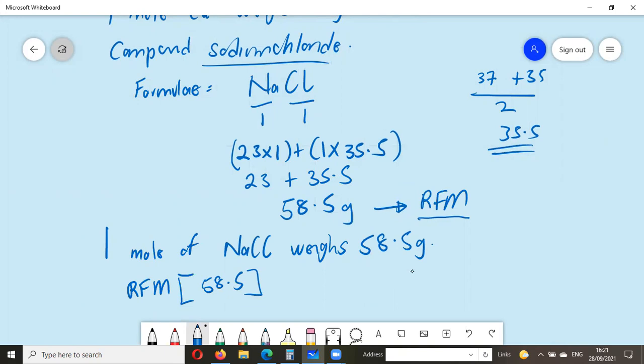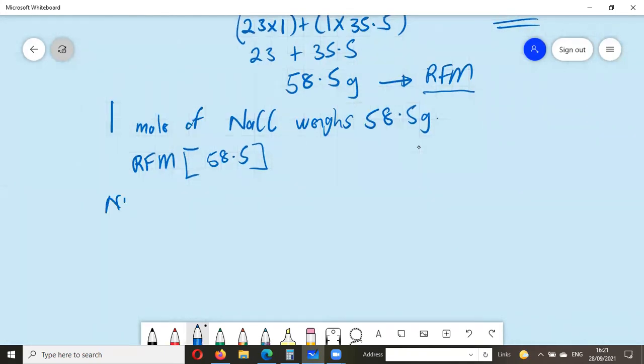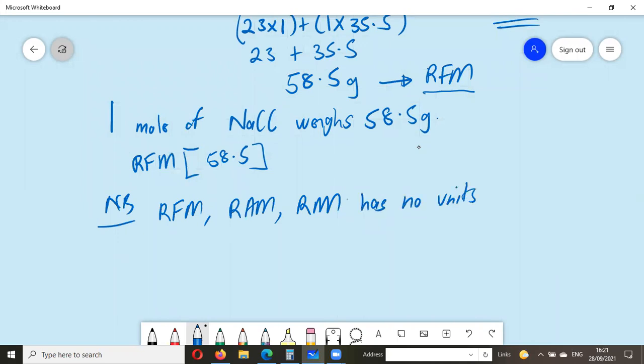So that one brings us to our NB: relative formula mass, relative atomic mass, relative molecular mass has no units. Reason being, it is a ratio. Are you getting it? It is a ratio. So don't put the units there.